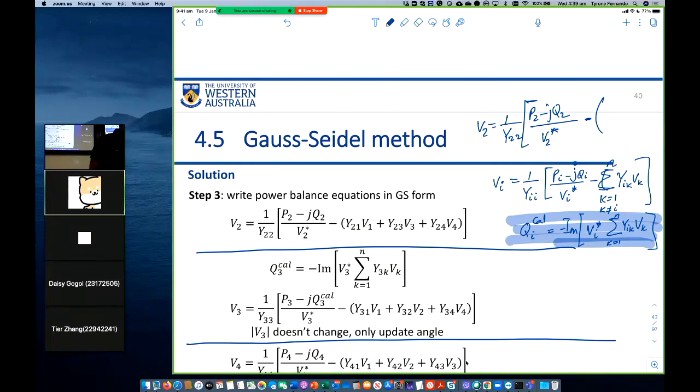K cannot equal I, so K can't equal 2, because I is 2, right?